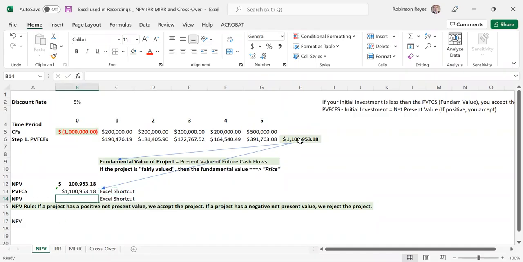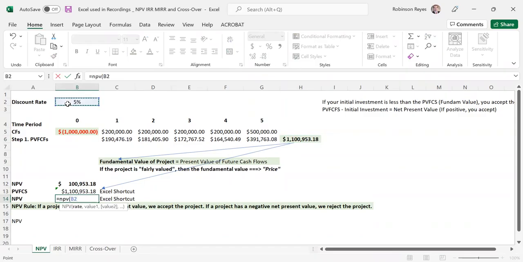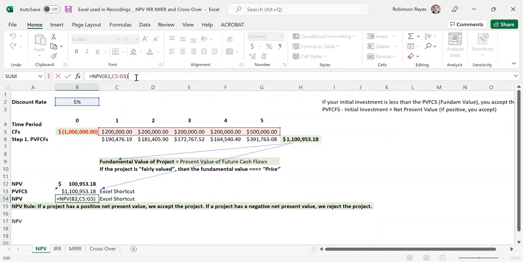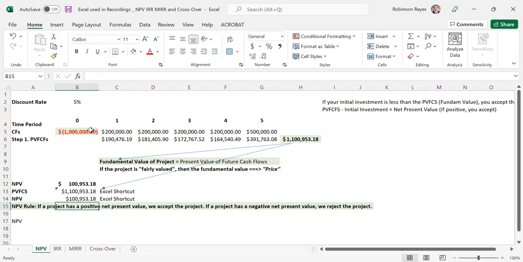We're adding this present value of future cash flows and then subtracting the initial investment directly in the same cell. Does that make any sense? So we do NPV 5%, then we select all the future cash flows, then minus, and because that initial investment is already negative, we just need to add it. I'm sorry, we need to add it here. There we go. Okay, so that would be an Excel shortcut.